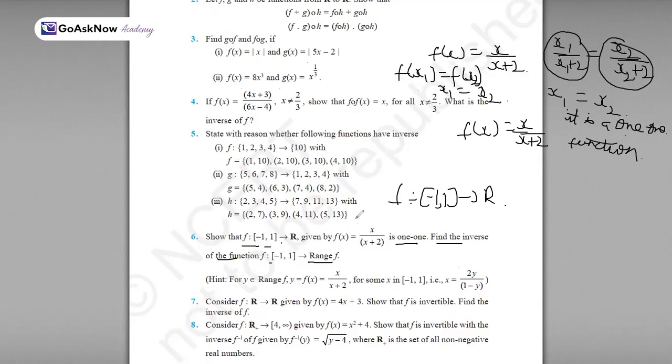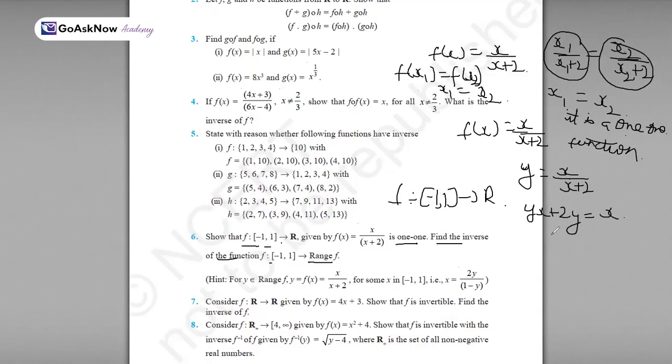And find the inverse of the function from minus 1 to 1 to range f. So for range, I will assume y is equal to x by x plus 2. That is the function. So I have to find x in terms of y. If I cross multiply here, then I will get yx plus 2y equal to x.